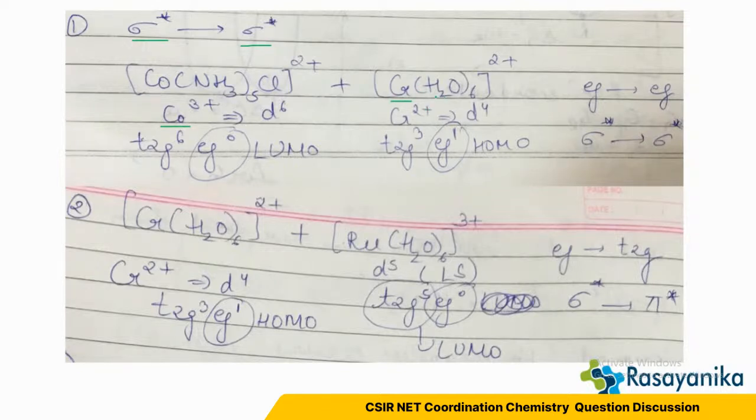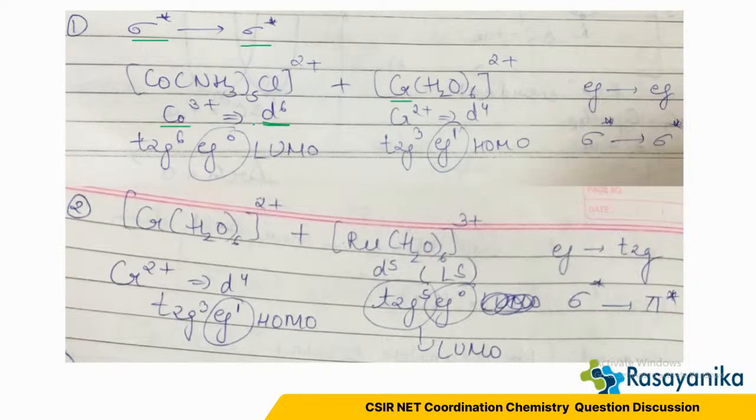As cobalt is in plus 3, as I mentioned yesterday, except with a few ligands like the halide ions, N3 minus, S2 minus, SCN minus, with every other ligand cobalt 3 is low spin, meaning spin paired, the electrons will remain paired.